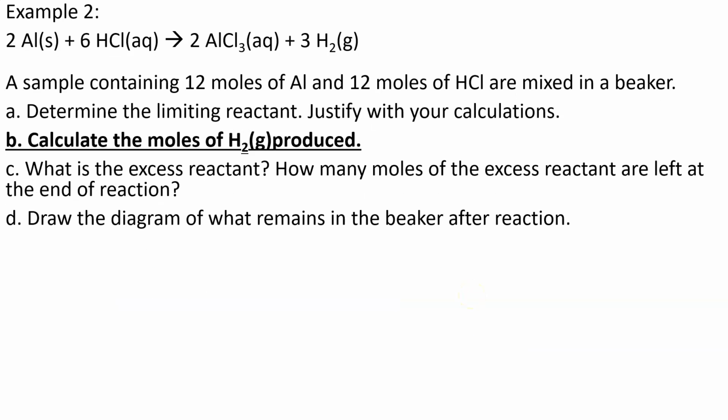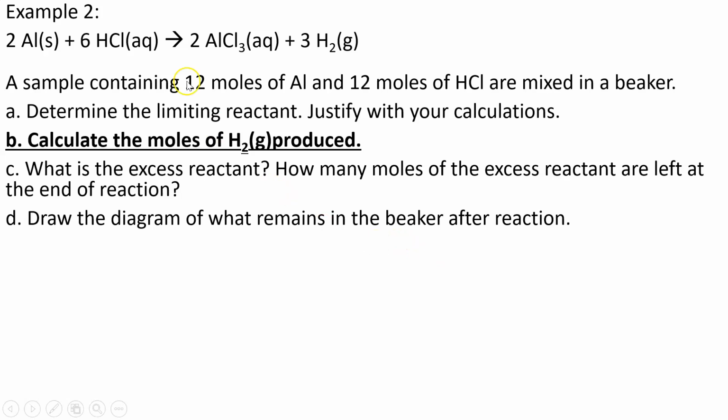All right, calculate the moles of H2 produced. From now on, we're going to use the limiting reactant as our given because the whole problem depends on the reactant that provides the fewest moles of reaction, or the limiting reactant.